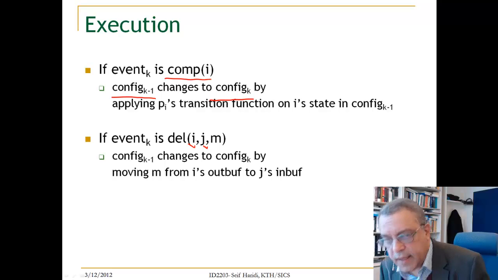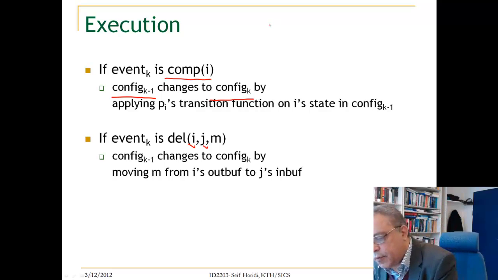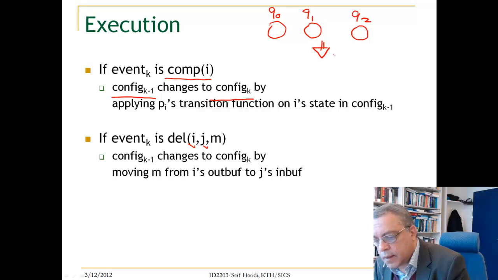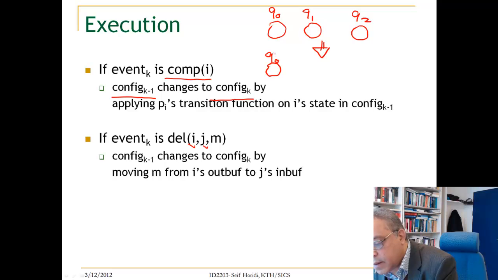So what you can say here is that if we have a number of nodes, here are the states of the nodes Q0, Q1, and Q2. A computation event, say on Q0, will transform the state of node 0 and keep the state of other nodes unchanged.